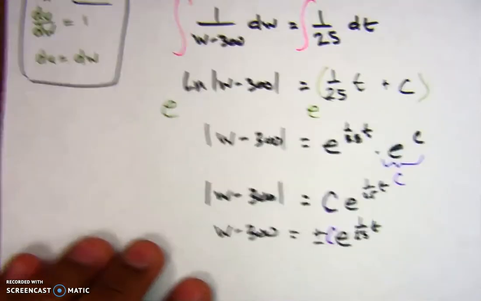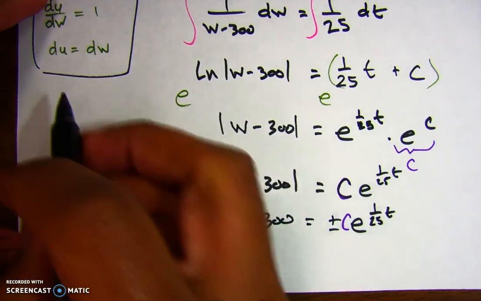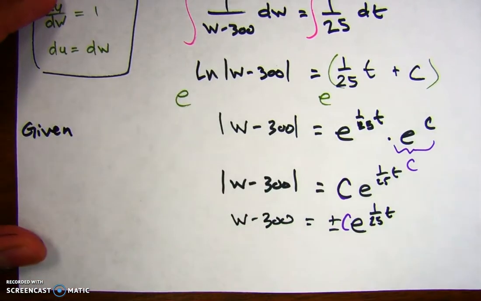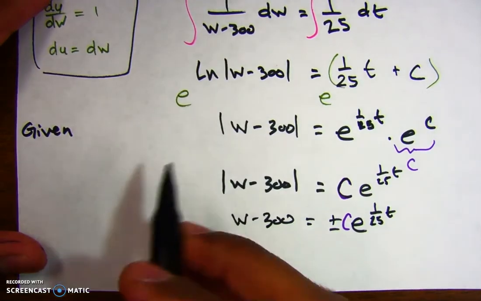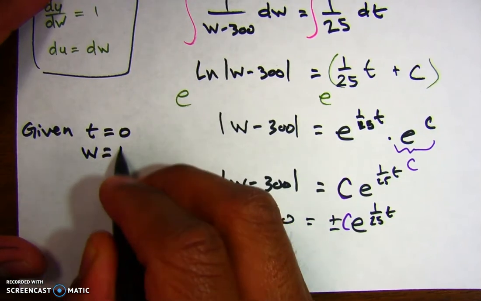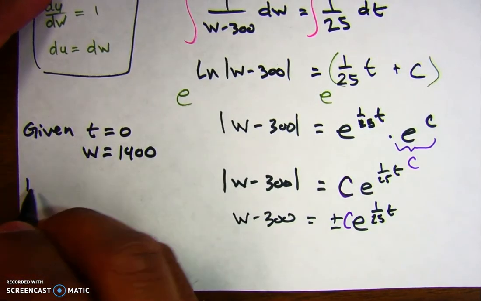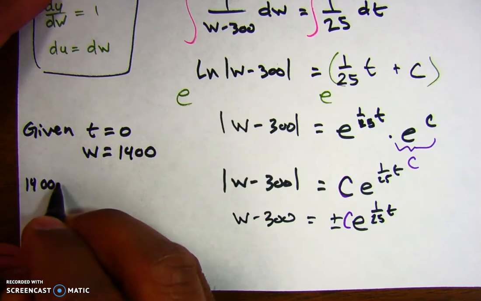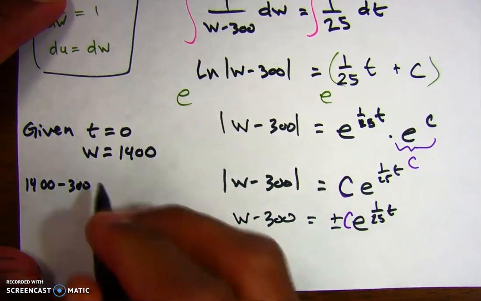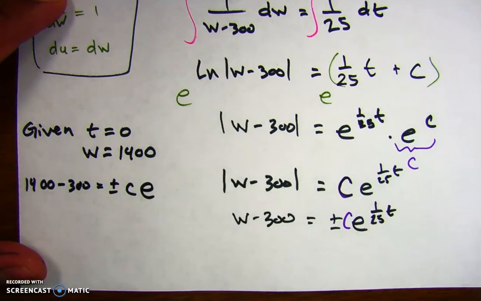So we have enough information to solve for c. Given the initial condition of W of 0 is equal to 1400, that is, given t is equal to 0, W is equal to 1400, we just plug that in and we get 1400 minus 300 is equal to plus or minus c times e to the 1 over 25 t.